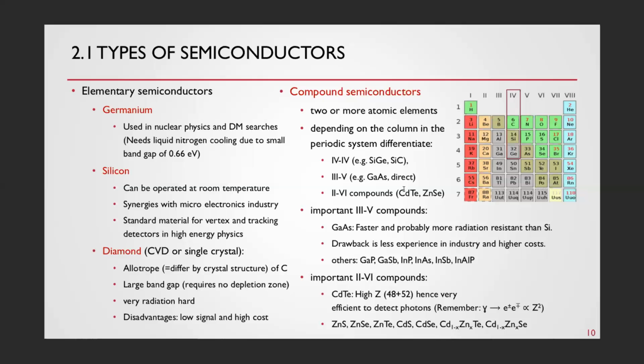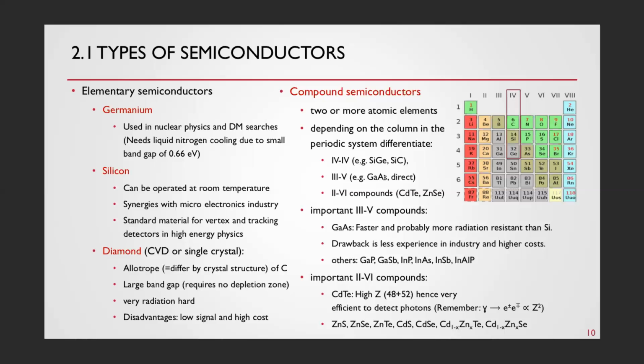All these materials have different atomic numbers and will therefore have very different behavior, very different dE/dx. And so special purpose detectors can be built by tuning the semiconductor to the desired property of the detector.